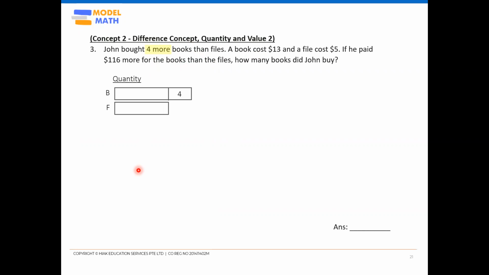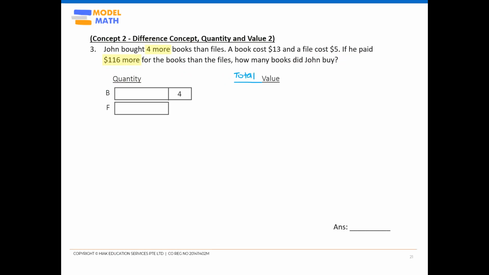Now, if you read back the question, you are given another difference as well. If he paid $116 more for the books than the files. So there's another difference here. But of course, we don't know how many books and how many files must create this difference, so we call that the value. If you want to be clearer, as compared to the QV table, you can call this the total value model.